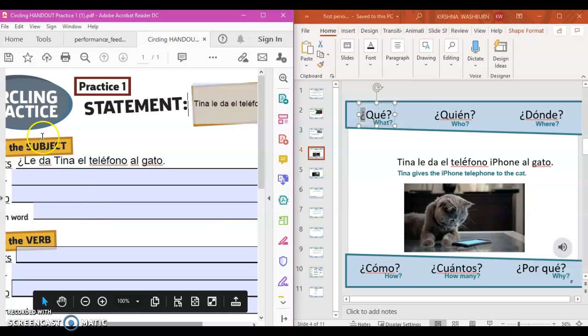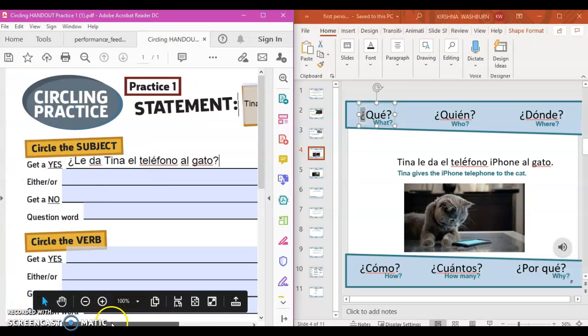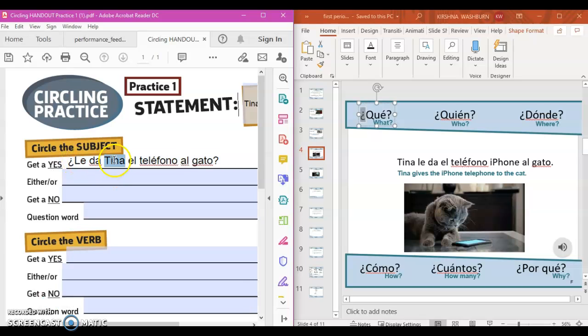So the question that we're asking is, gives Tina the phone to the cat? Question mark at the end. Yeah, duh. Okay, so we wrote a yes question. We put our verb first, then our subject, then the rest of the statement.